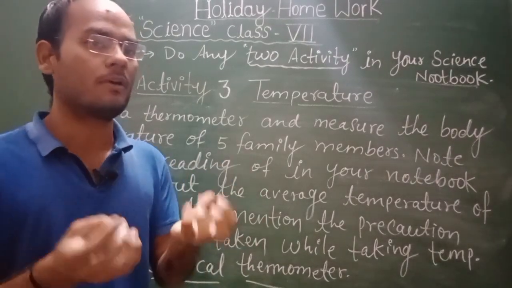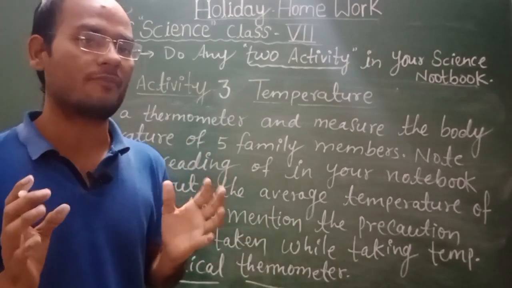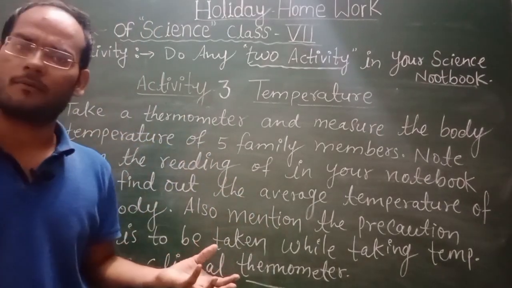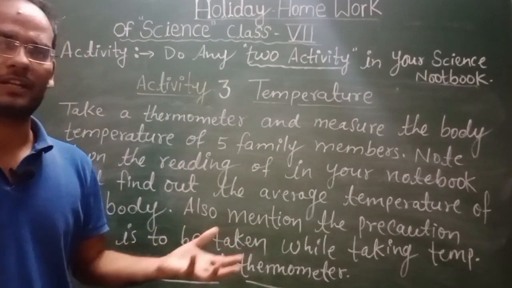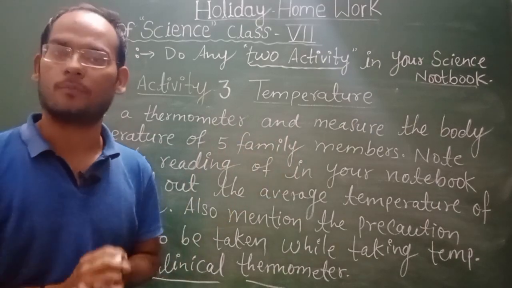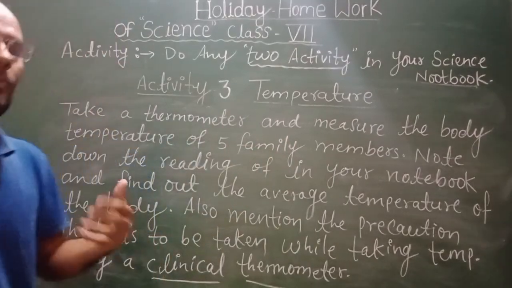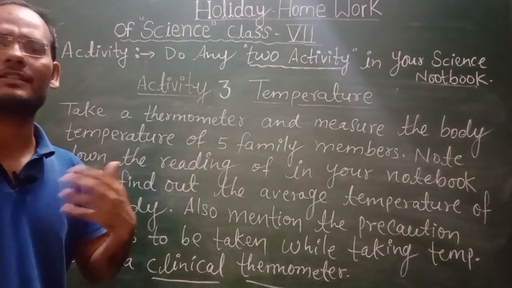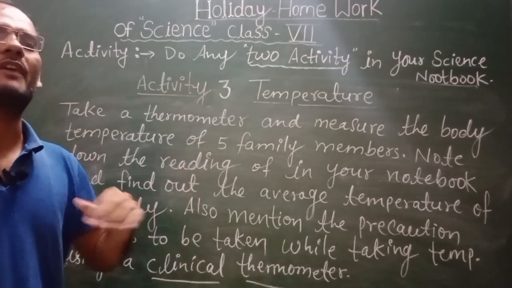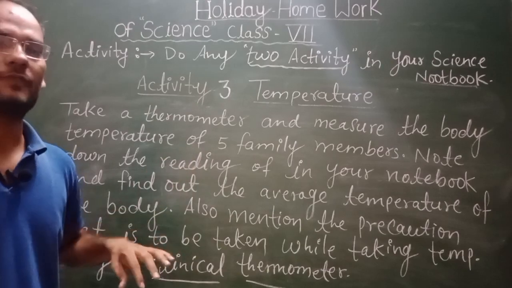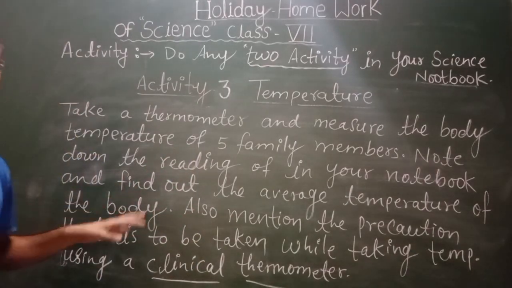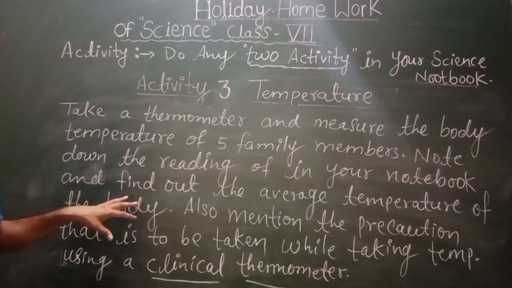It means you have measured the body temperature of 5 family members. How many members have you measured? For example, 5. You have to add all the body temperatures, and since you have measured 5 members, divide by 5. By this way you can find the average temperature, and write down the average temperature in your notebook.